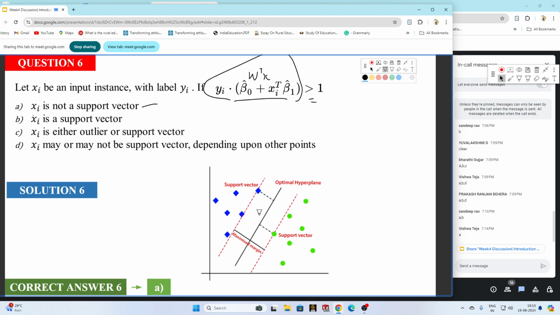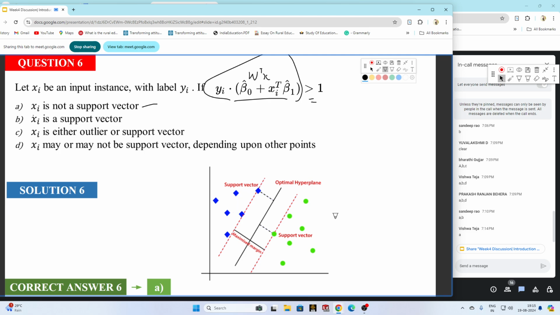It will be equal to -1 when your data point is at this line, because we have two classes, one denoted by +1 and one denoted by -1. For points above the +1 line, the value will be greater than 1, and for data points beyond the -1 line, it will be less than -1.